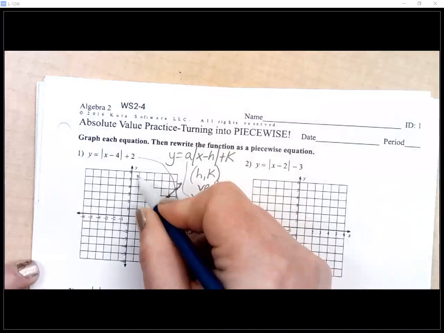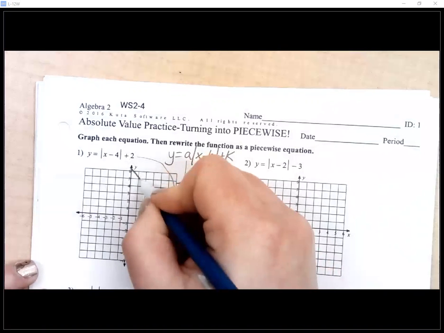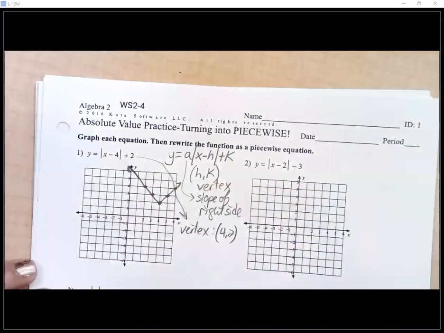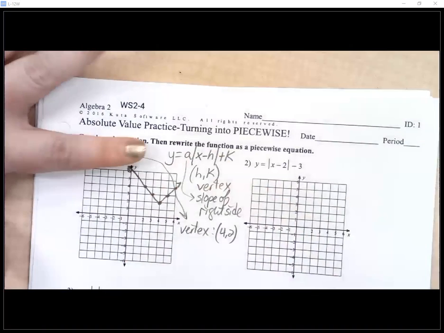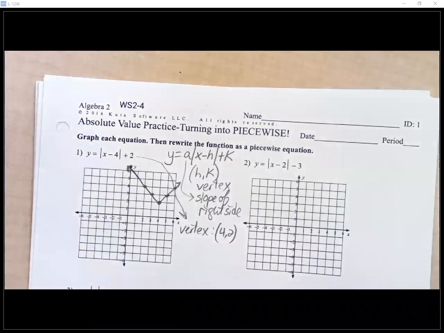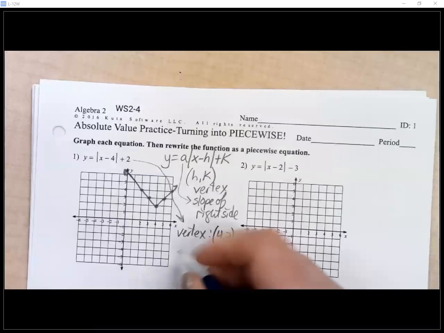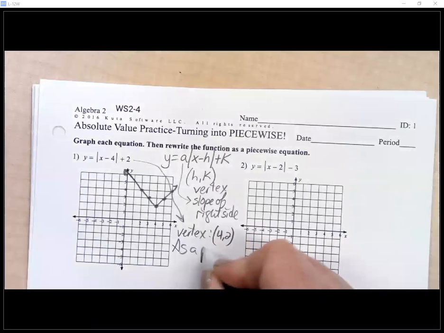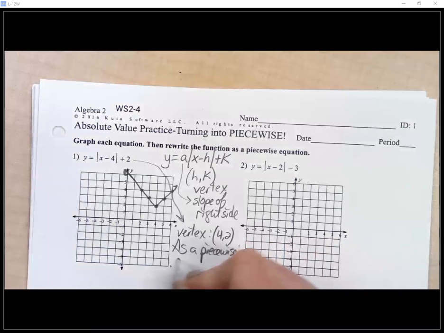And now part 2 says rewrite that as a piecewise function. So that's exactly what we were just doing. So now I'm going to look at my graph. I'm going to kind of ignore this because I don't even care what the equation was. And I'm just going to look at this and say, okay, where is everything splitting? So as a piecewise, I'm going to have 2 pieces, right?